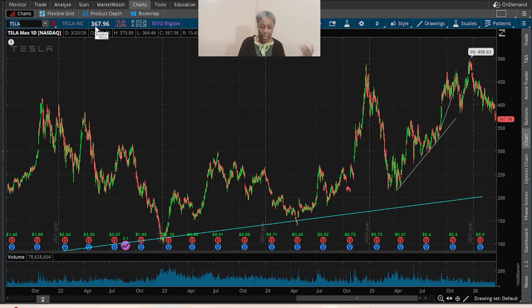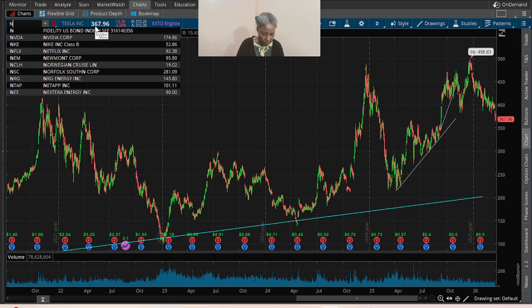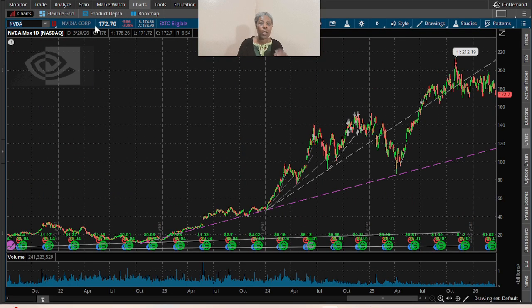But yeah, take Nvidia. It is at 172, and it fluctuated yesterday between 171 and 178, so it's a $7 difference there. That's a good difference per share as well.